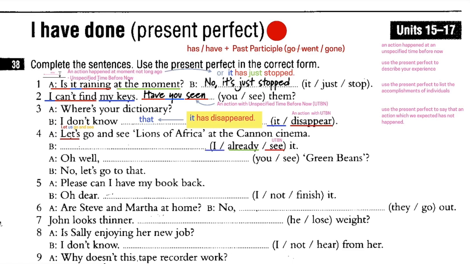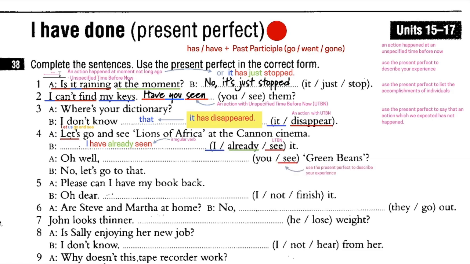And with the subject I, we can already form an answer: I have already seen. Now, you have to focus also on one more word, the word "seen", which is an irregular verb. An irregular verb is a verb form that does not finish with ed. So we call this irregular.